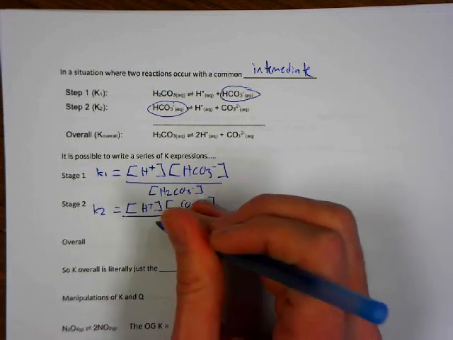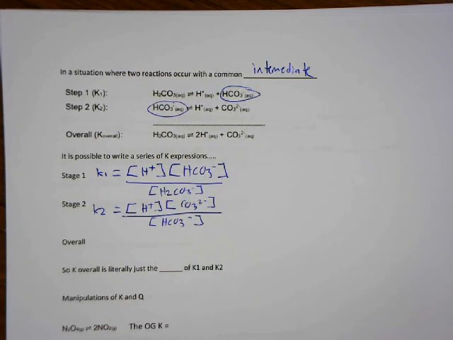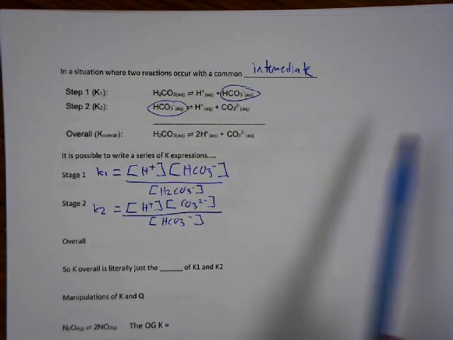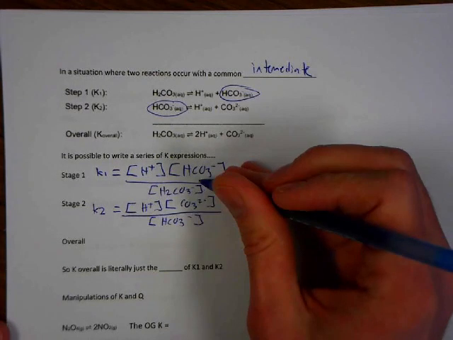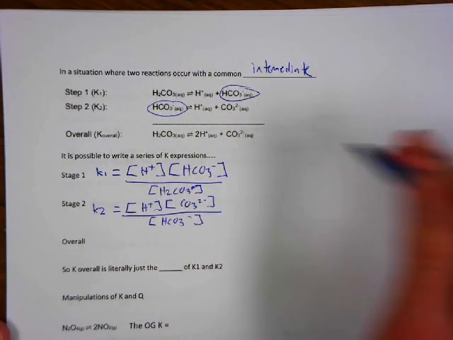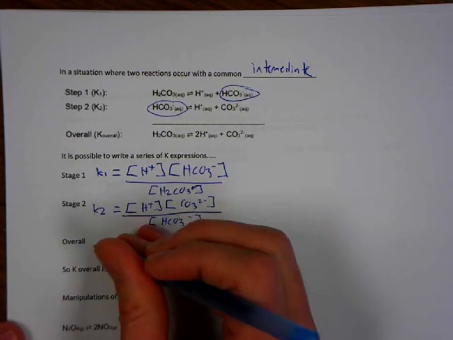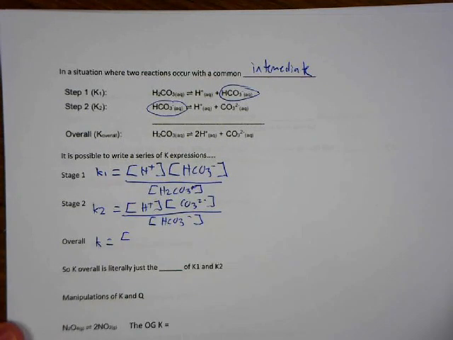What would K2 be? K2 is going to be the concentration of H plus times the concentration of CO3 2 minus over the concentration of HCO3 minus.